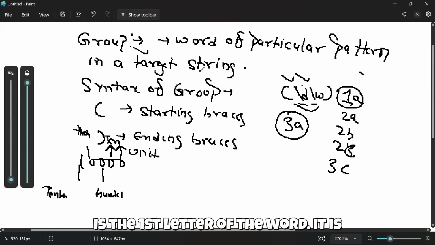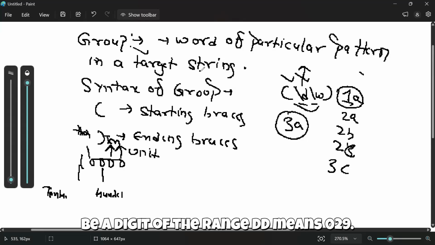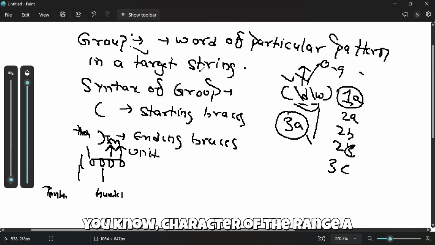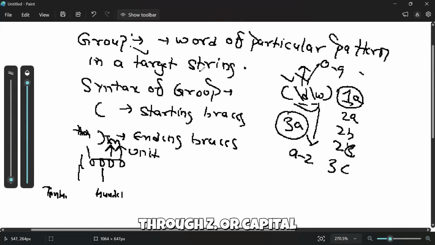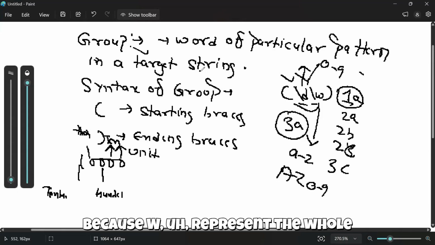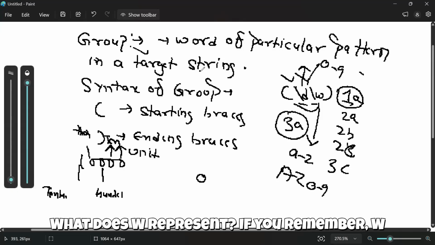So it is saying the first letter of the word should be a digit of the range D. D means 0 to 9. The second letter of the word should be a character of the range A through Z, or capital A to Z, or 0 to 9, because W represents the whole range, right?